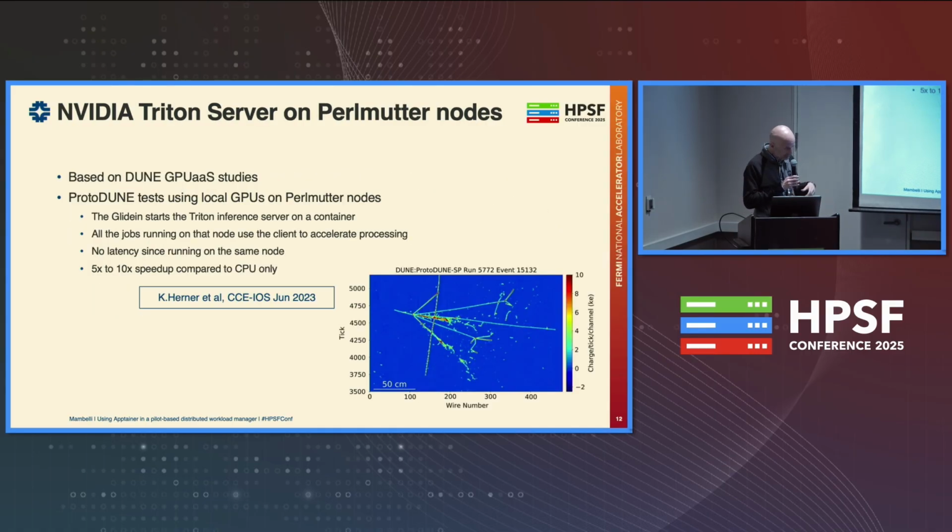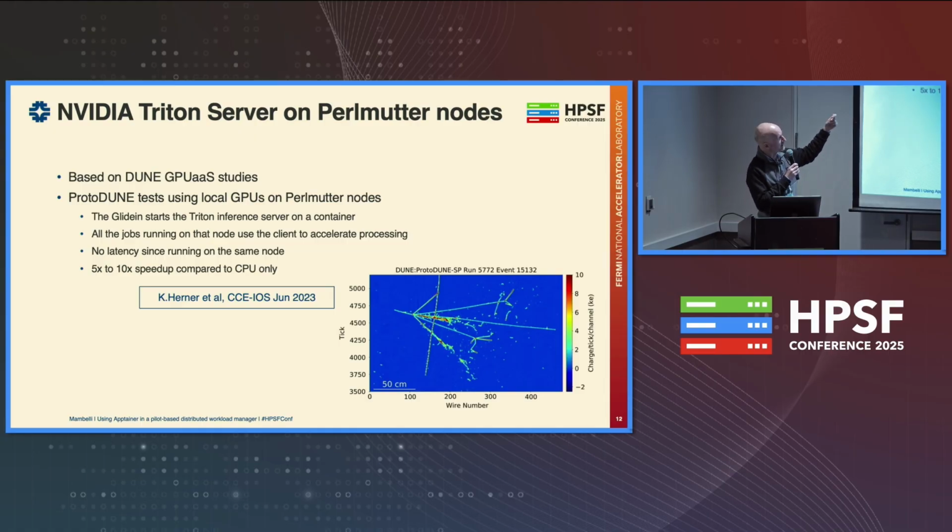And a couple of other use cases I want to mention is one where we did a test for DUNE, for ProtoDUNE, to run shared GPU. So DUNE is an LArTPC liquid argon experiment. They do analysis of tracks that are inside the liquid argon, and their analysis software is not all accelerated using GPU, only part of it is using the GPU. So there was an advantage of sharing the GPU across different jobs that run on the same node.